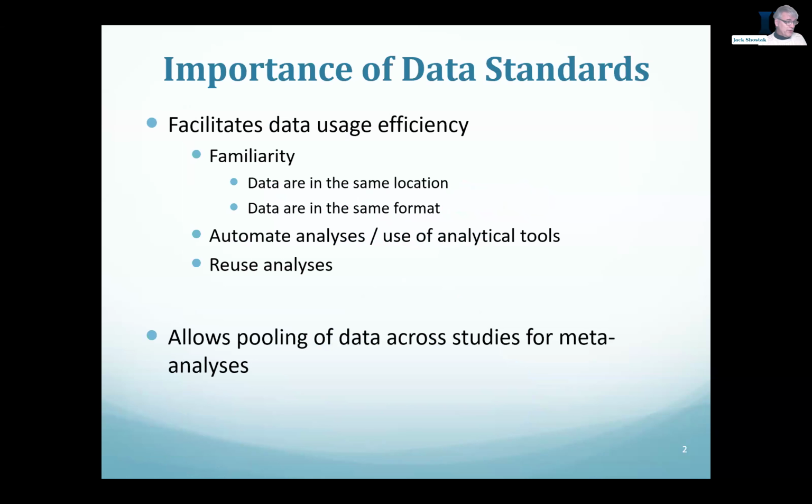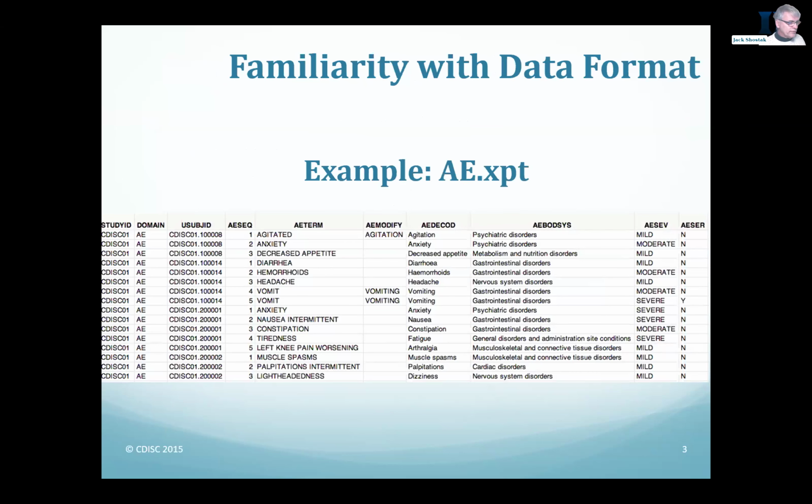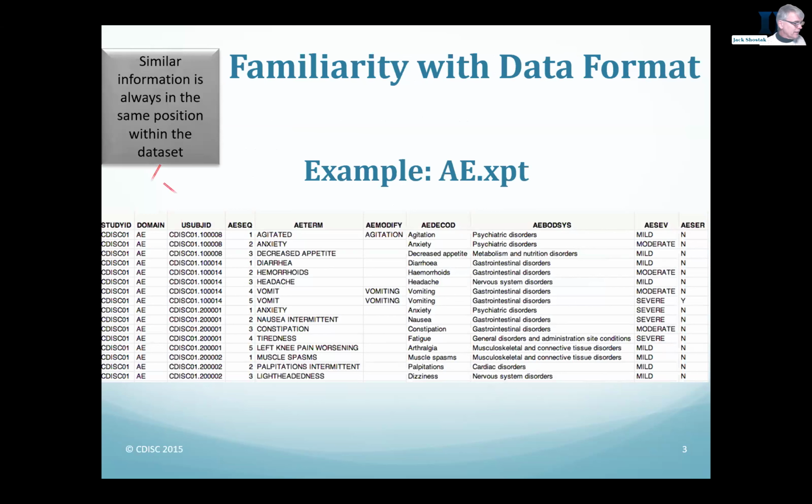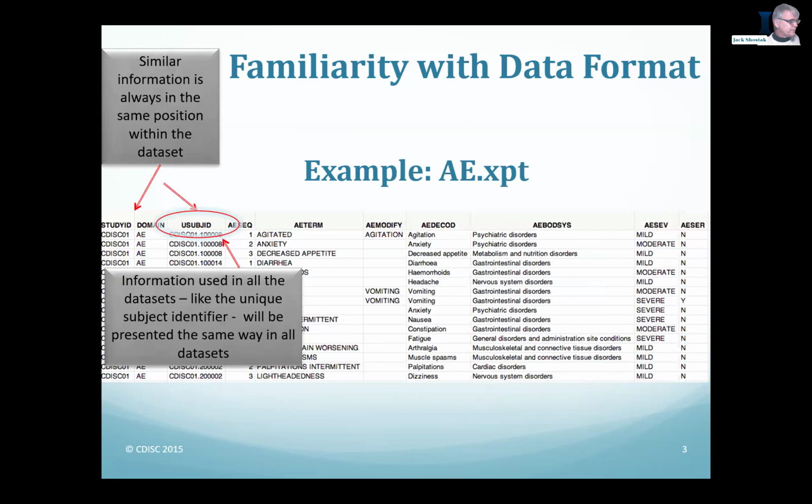And then what David's doing allows you to pull data across a lot of studies for meta-analyses. Now, what does it look like? Something like this. So adverse event data in the SDTM is always going to look the same. It doesn't matter what study you're looking at.